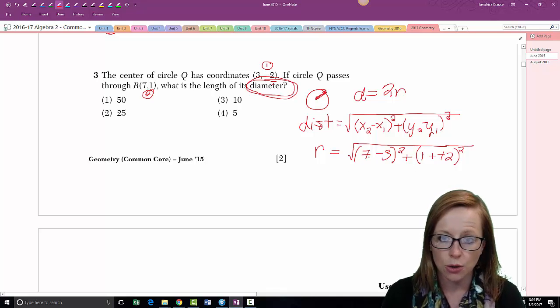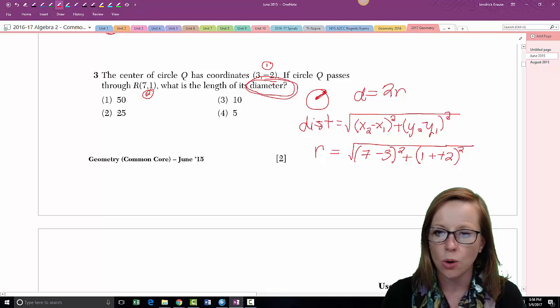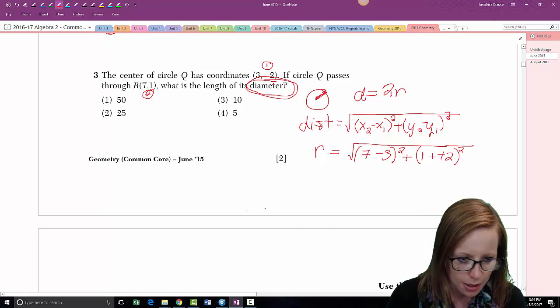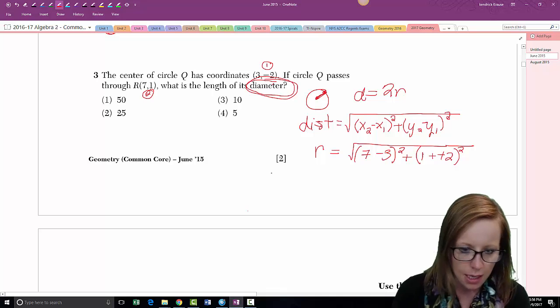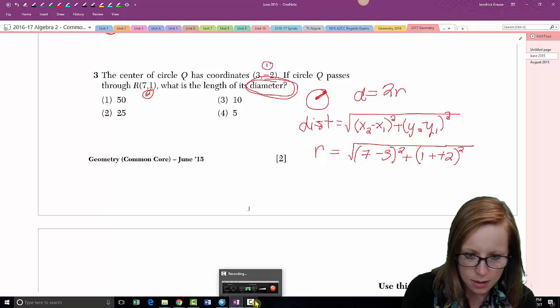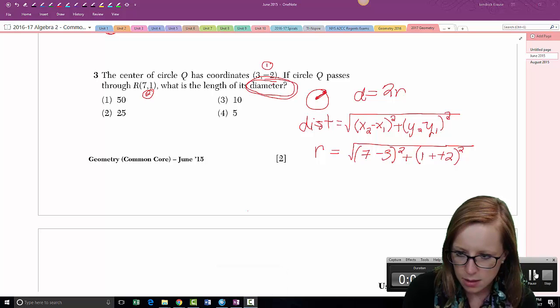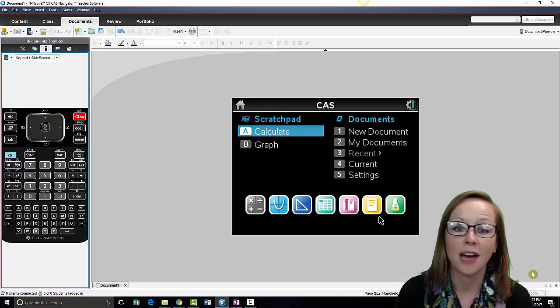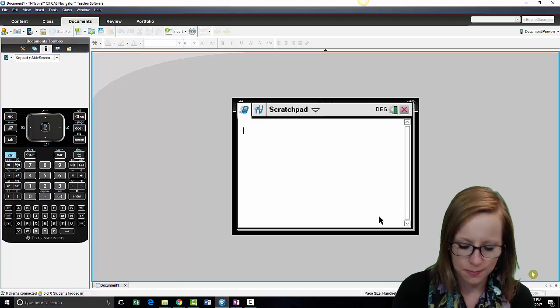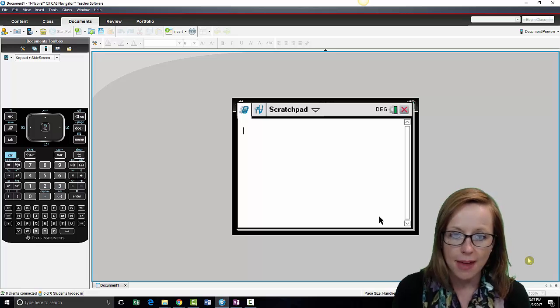So I'm actually just going to go right to my calculator and I'm going to type this whole crazy thing in. Okay, I found it. All right, so we're going to go to this calculator here. And I'm going to type that whole thing in.